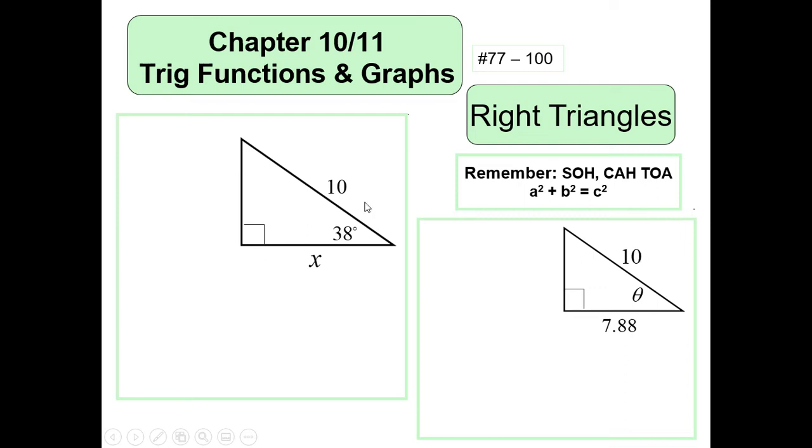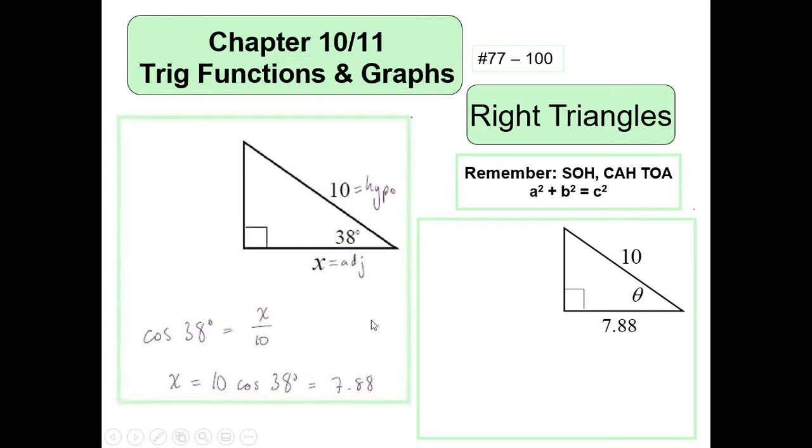Given sides of a right triangle and an angle, we can find the missing information using SOHCAHTOA, and also the Pythagorean theorem, a squared plus b squared equals c squared. If I ask something like this, I can find x because x is adjacent to my angle, and 10 is the hypotenuse.